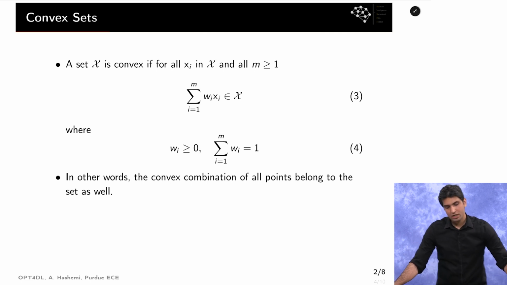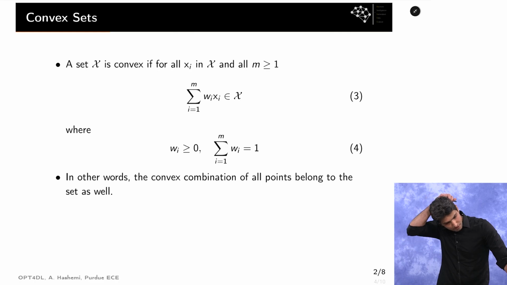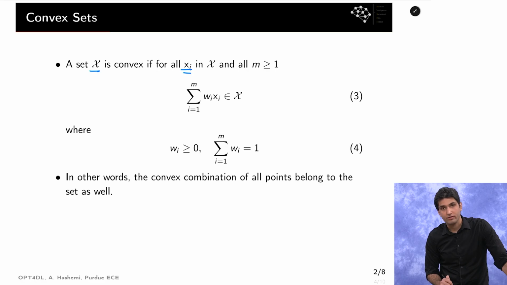Okay, so let's first talk about the convexity of sets, and then we're going to talk about the convexity of functions. So, what are convex sets? Let's consider a set X, and we call it convex if for all points xi that belong to X, the convex combination of the points also belongs to X. So what is a convex combination?